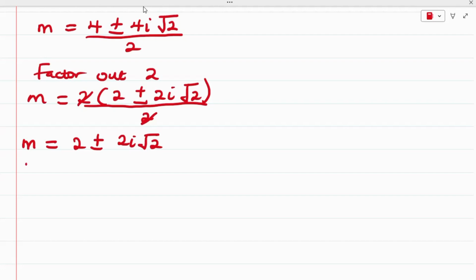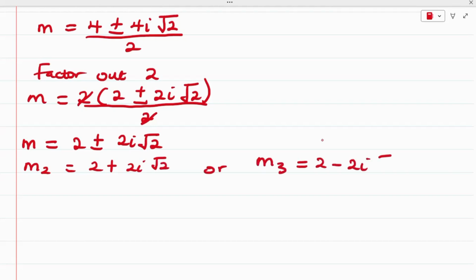So we can say that m2 is equal to 2 plus 2i root 2, and m3 is equal to 2 minus 2i root 2. So we have the values for m.